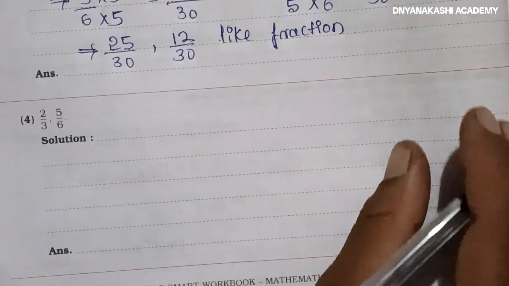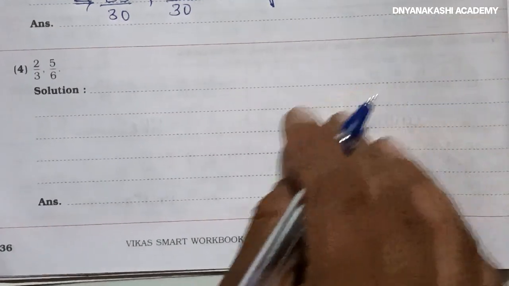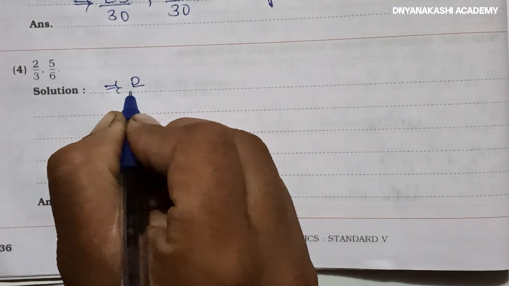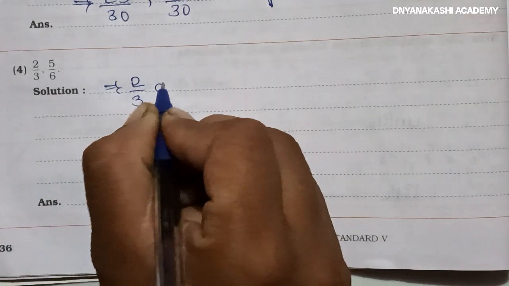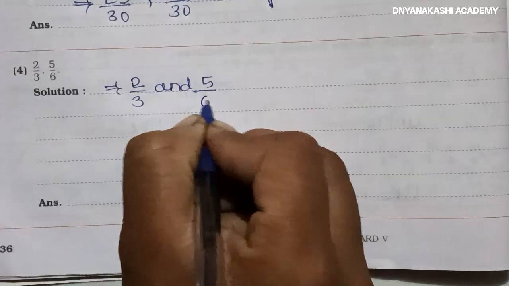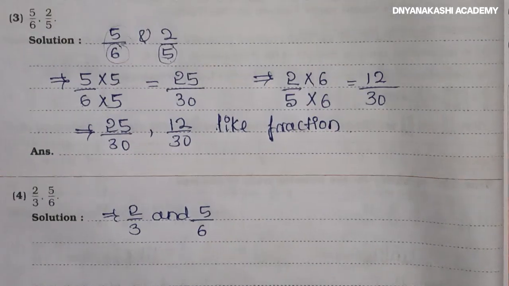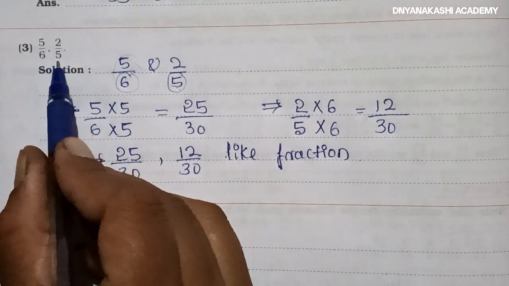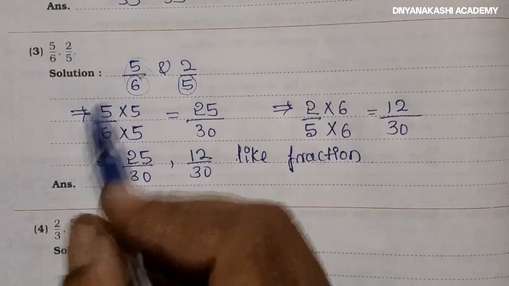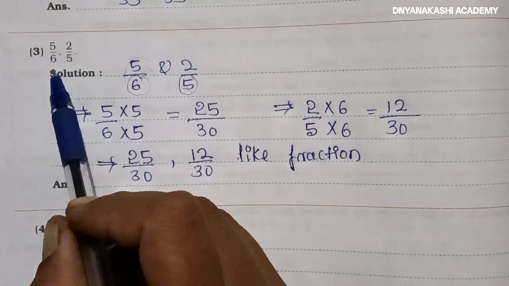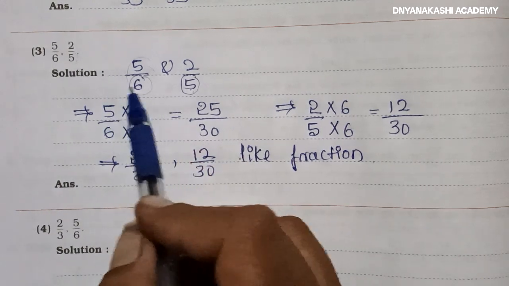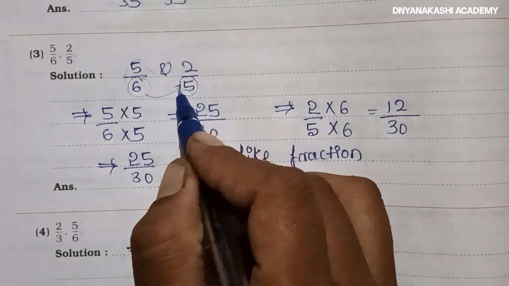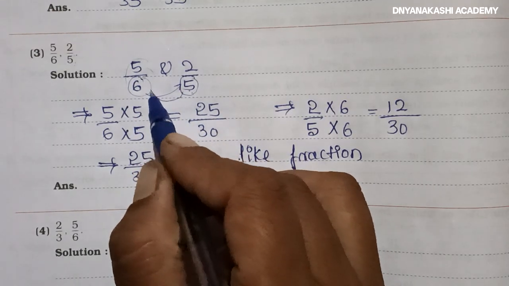Okay, next one, the given fractions we converted into like fractions. Here 2 by 3 and 5 by 6. In the previous question, 6 and 5 are in different tables. 6 and 5 are different tables, that's why 6 is multiplied with this fraction and 5 is multiplied with this fraction.